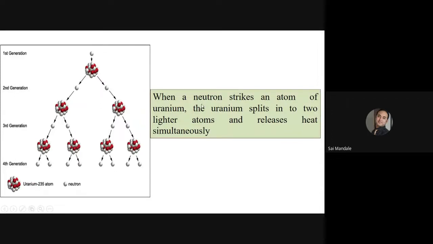When a neutron strikes an atom of uranium, the uranium splits into two lighter atoms and releases heat. So this is a uranium atom. Once this neutron strikes this atom, it will split into two lighter atoms.